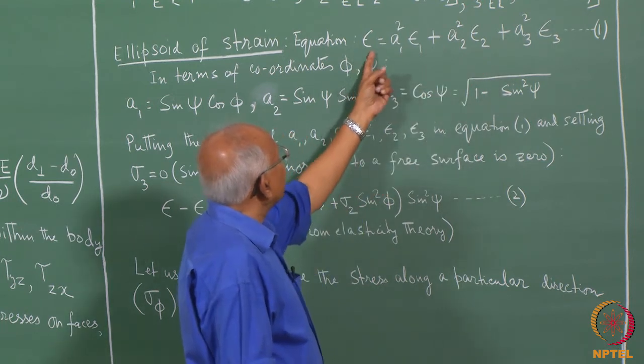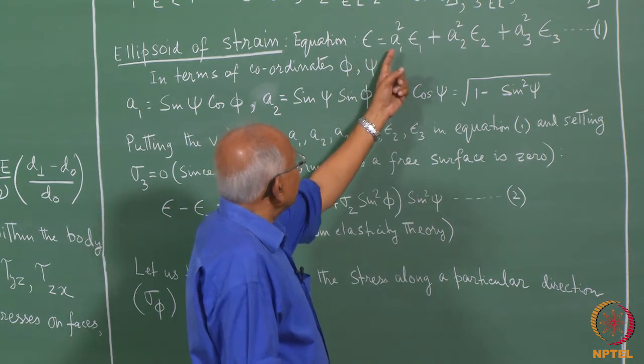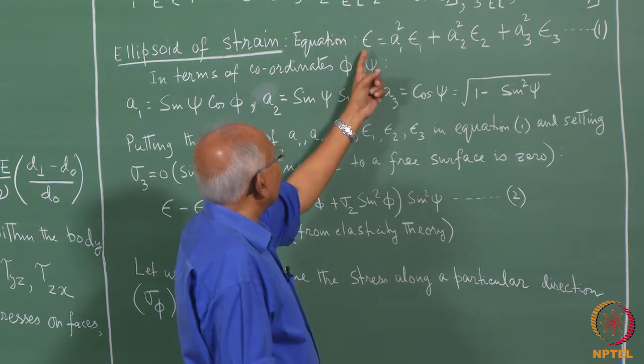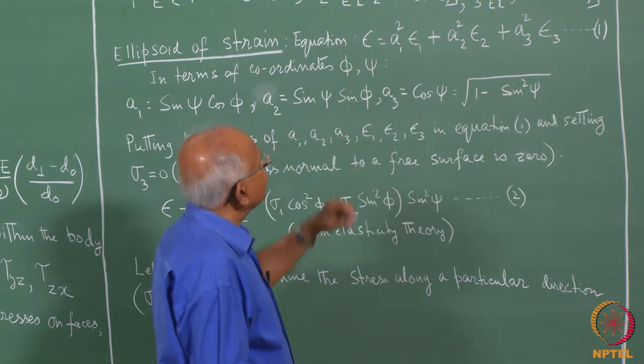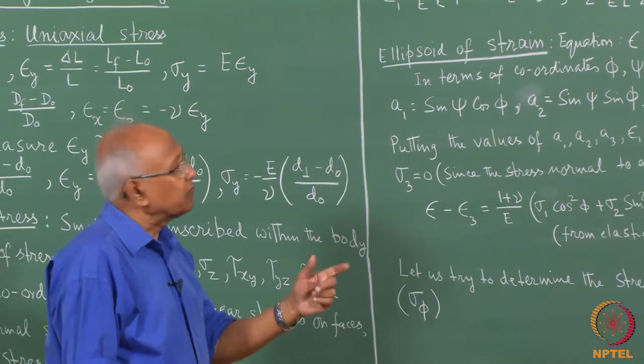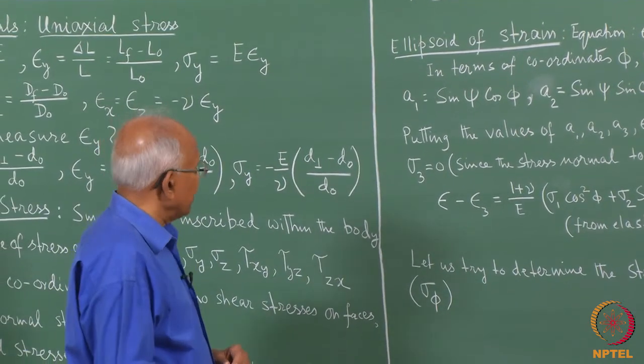So, this epsilon is any strain in any specified direction, and A1, A2 and A3 are the direction cosines of that particular direction with the directions of epsilon 1, epsilon 2 and epsilon 3.